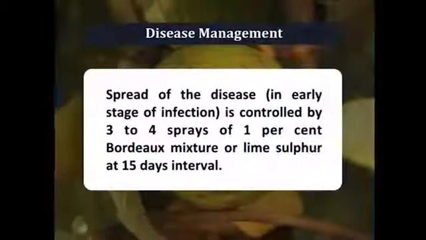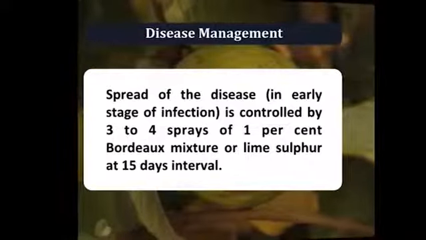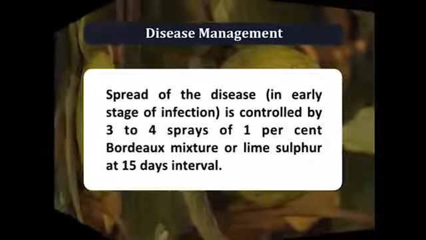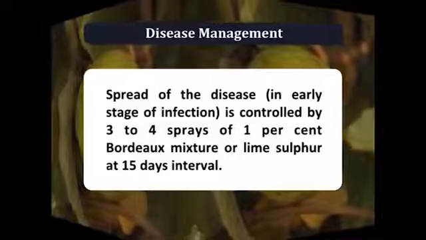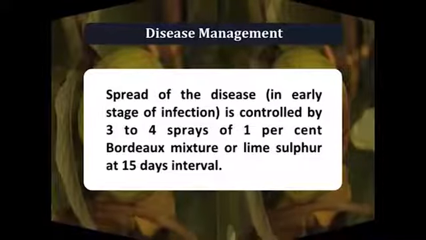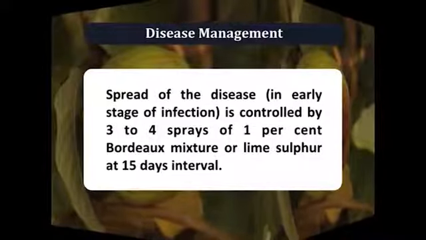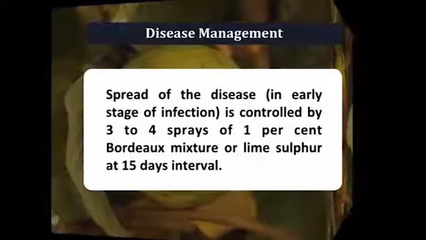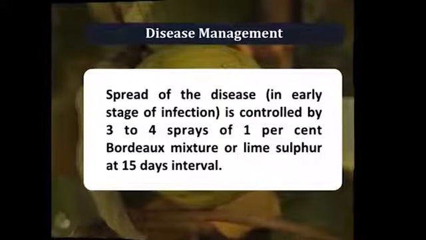Now let's see the management of the disease. Spread of the disease in the early stage of infection is controlled by 3 to 4 sprays of 1% Bordeaux mixture or lime sulphur at 15 days interval. So this is about the management of the disease.